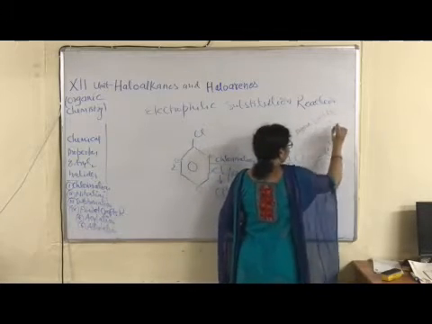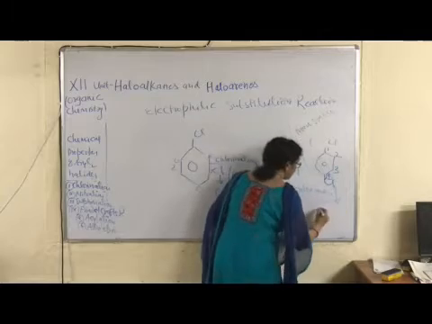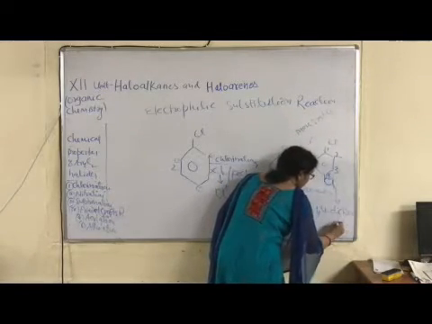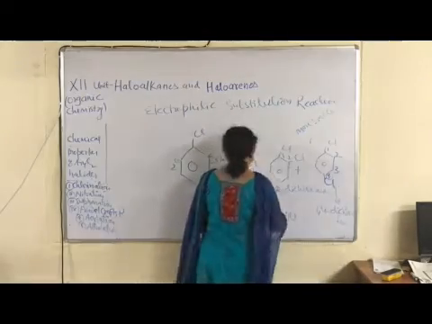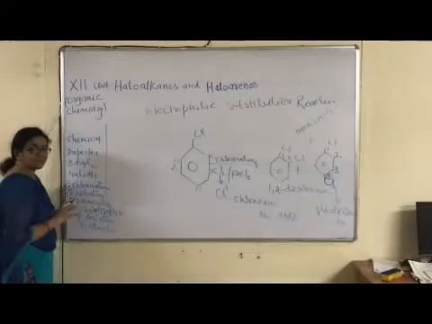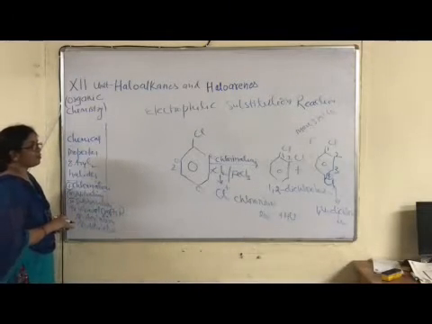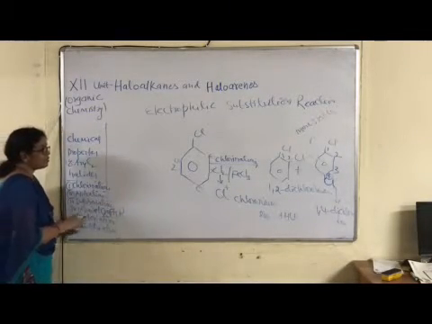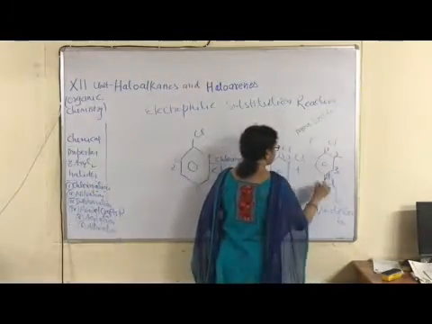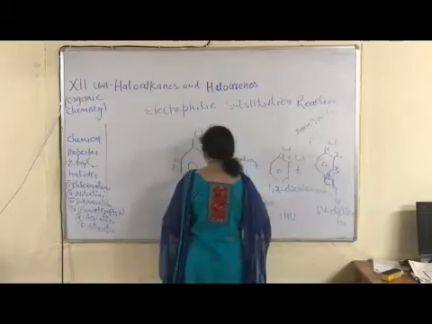Para isomer is always more stable. IUPAC name 1,4-dichlorobenzene. One important question: in ortho dichlorobenzene and para dichlorobenzene, which isomer is more stable and why? Always the para isomer is more stable due to symmetric structure. This is a symmetric structure and this is an asymmetric structure.